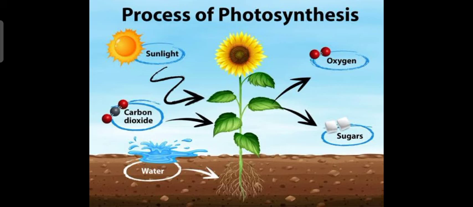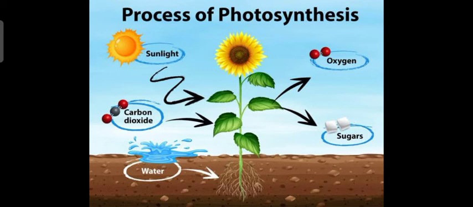Light is mostly obtained from the sunlight, and the chlorophyll, which is present in the leaf, absorbs the light and makes their food.